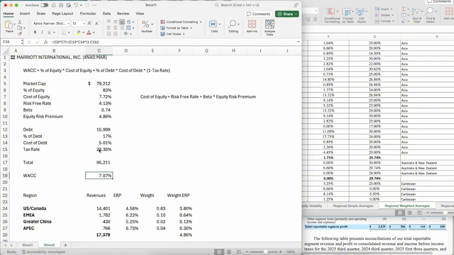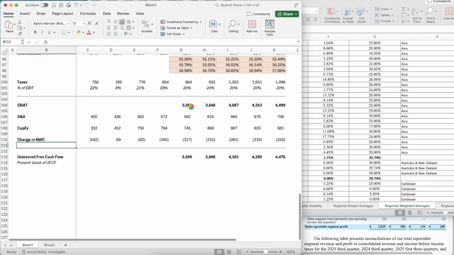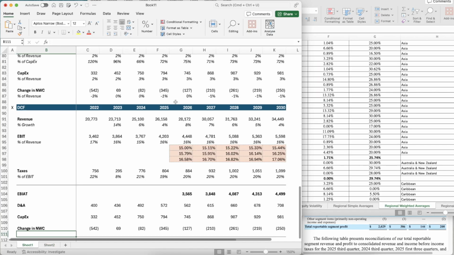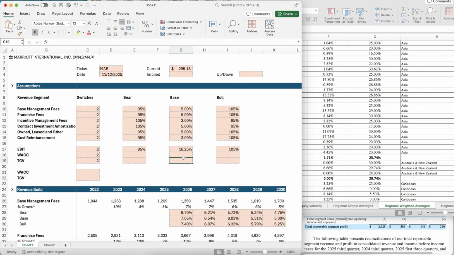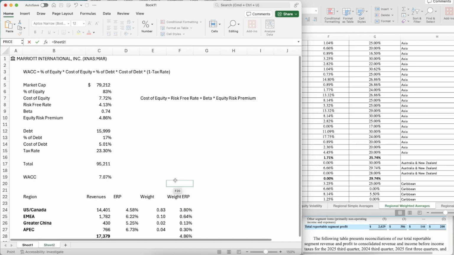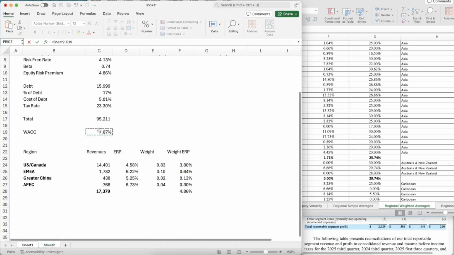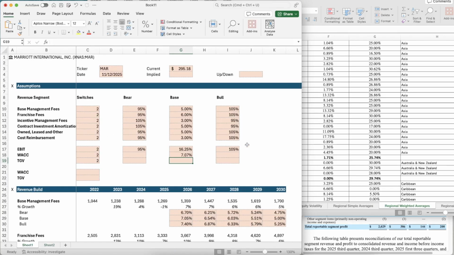Yes, 7.07% is the WACC. So come back onto our main sheet. And put the base WACC equal to what we've just calculated.